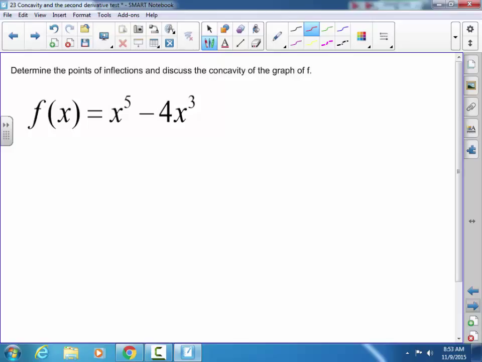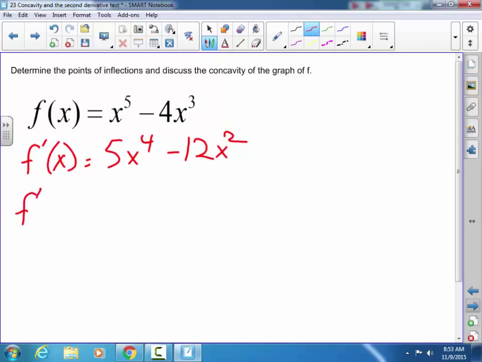So find your first derivative and then find your second derivative. Okay.